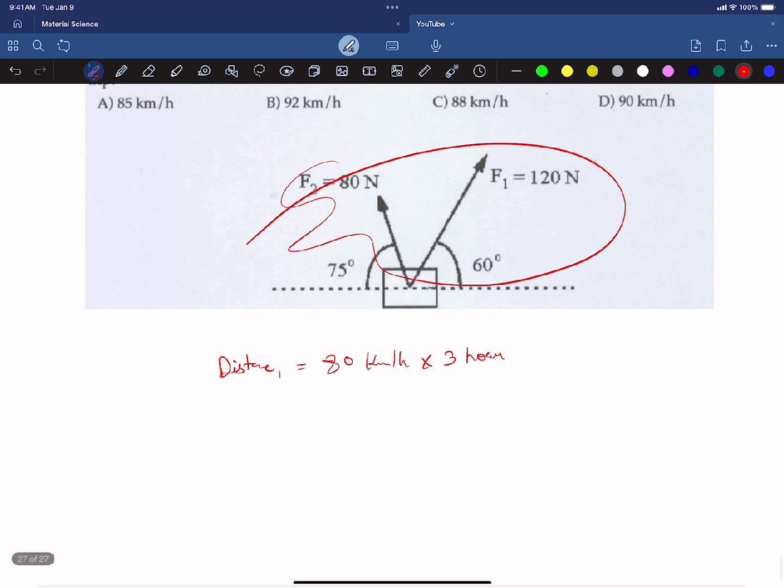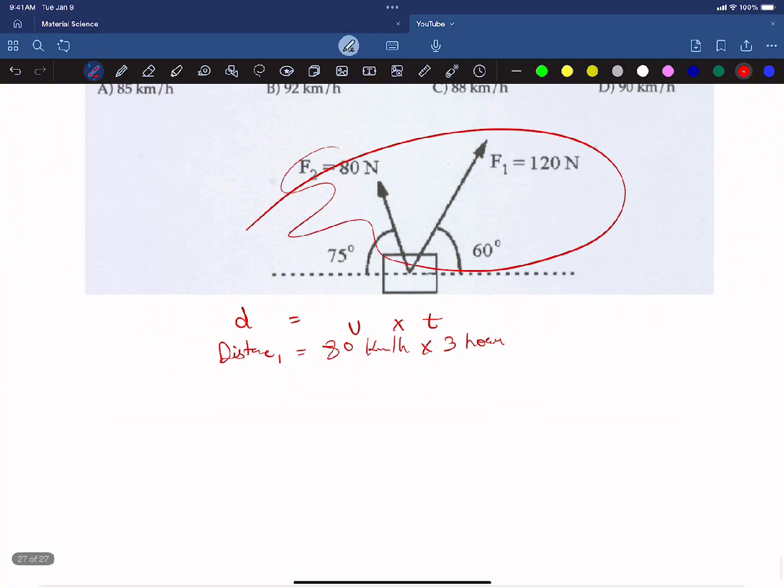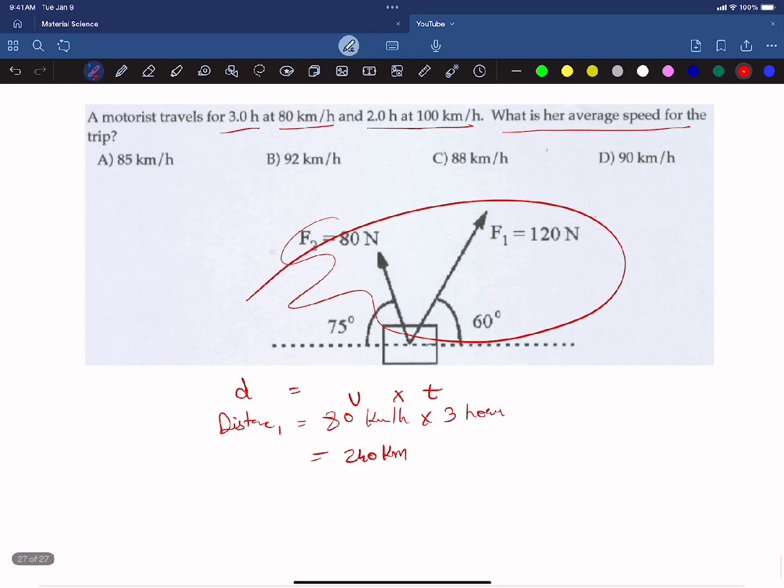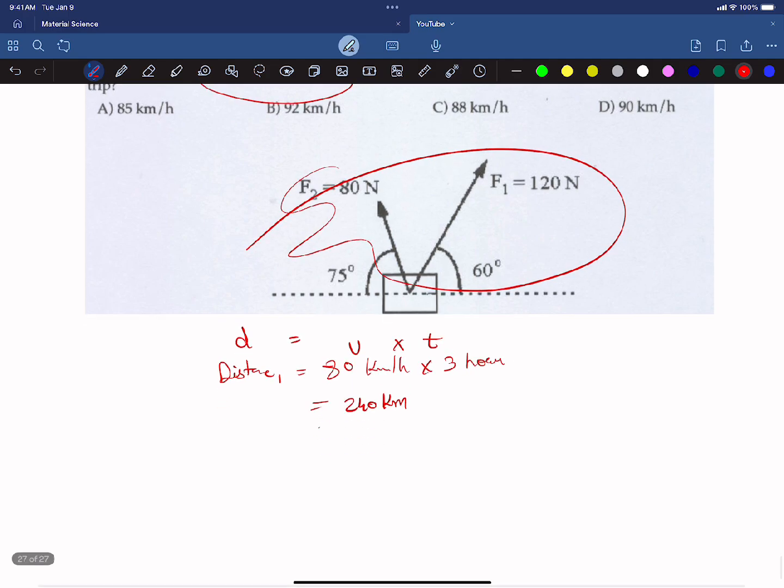To find distance 1, we just multiply the speed times the time. So d is equal to speed times time, which will give you 240 km. So in the first part, when she drives 80 km per hour for 3 hours, this is the total distance covered by her.